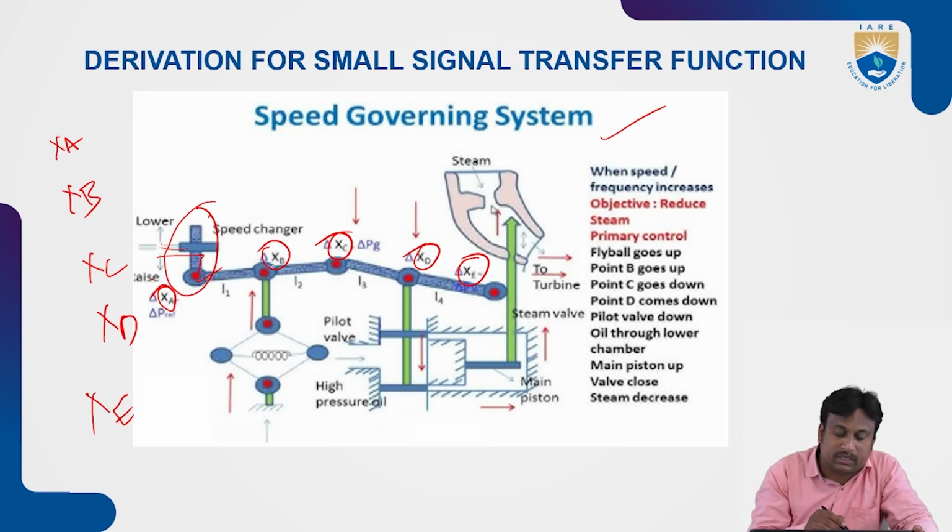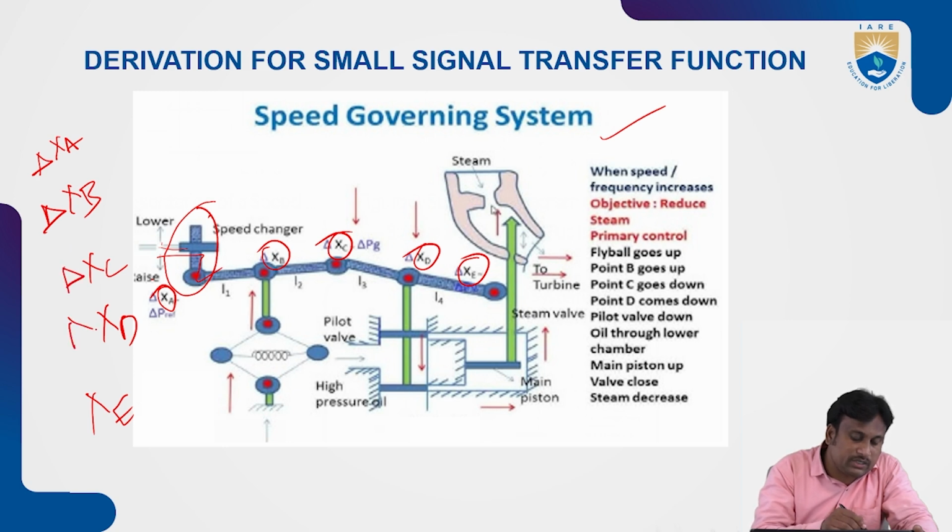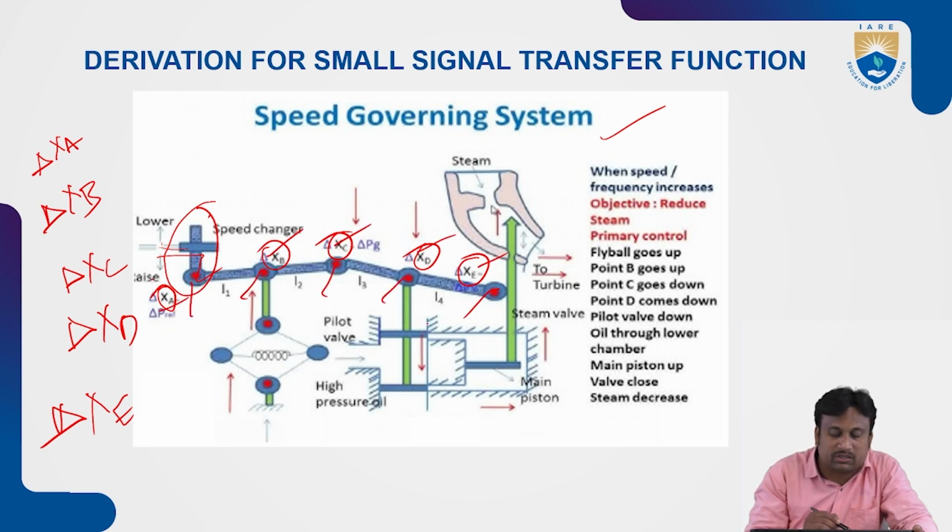That means the speed changer is provided at the respective blocks. There may be an expectation of a change in XA, change in XB, change in XC, change in XD, change in XE. Every case is expected here. With these blocks we are going to change the flow.